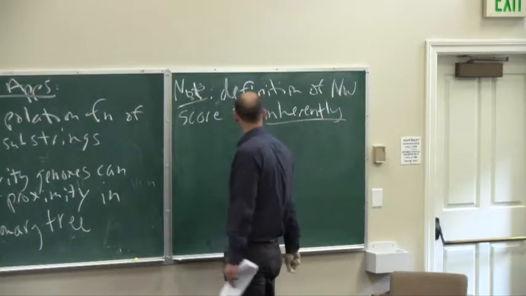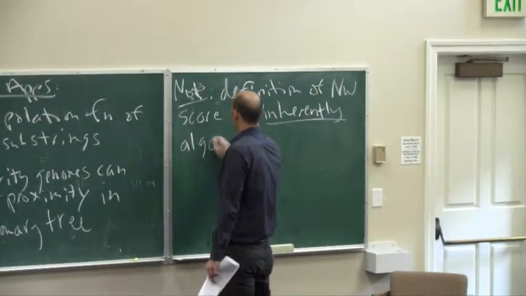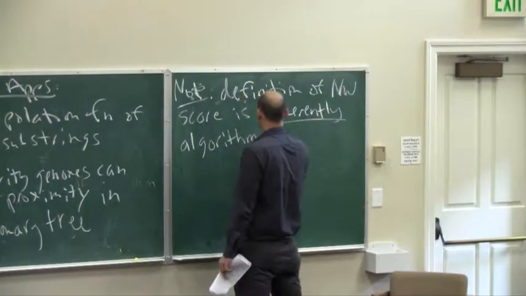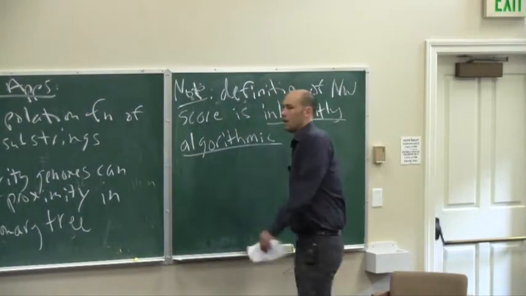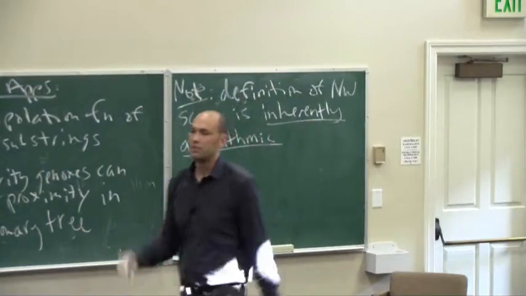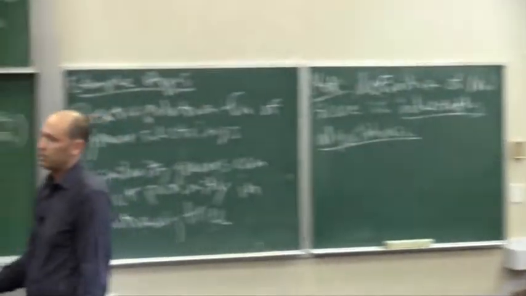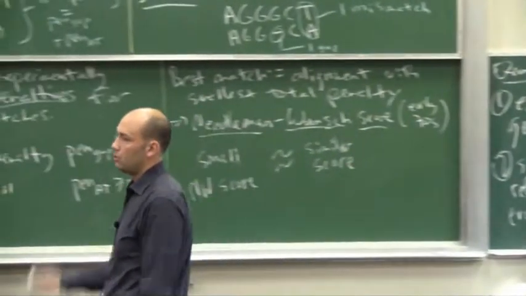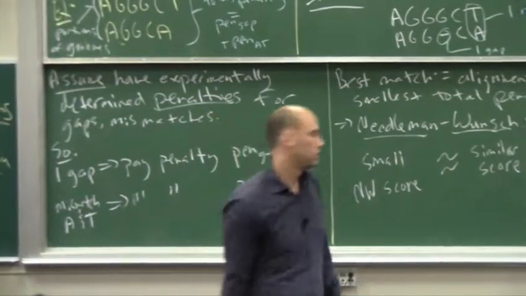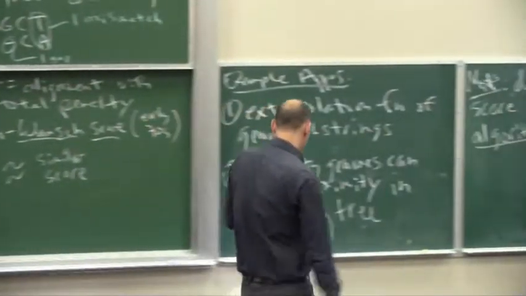So the definition of the NW score is inherently algorithmic. Without fast algorithms for sequence alignment, this definition would be, for all practical purposes, useless. Why?